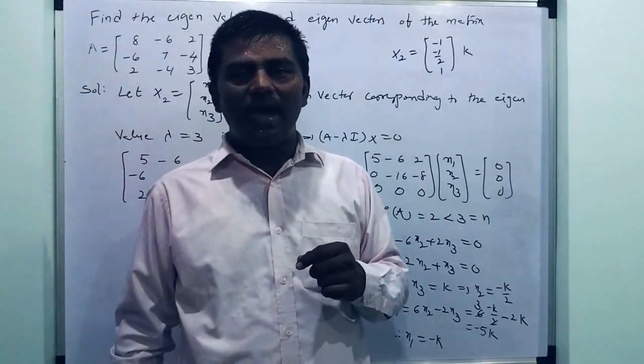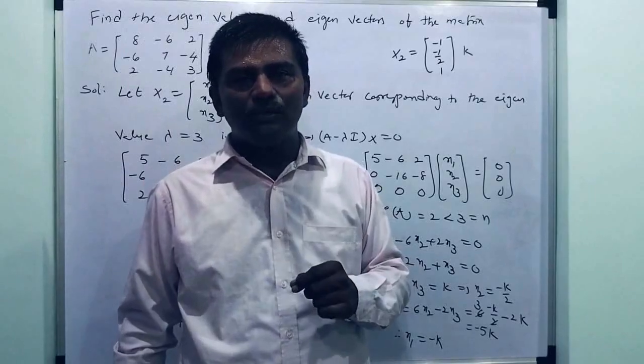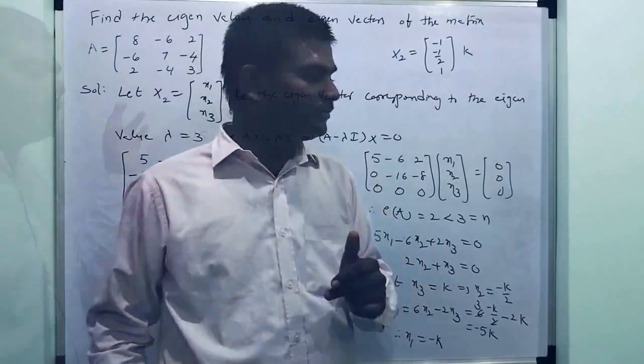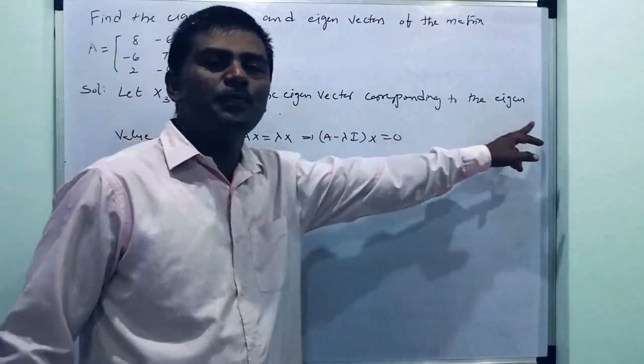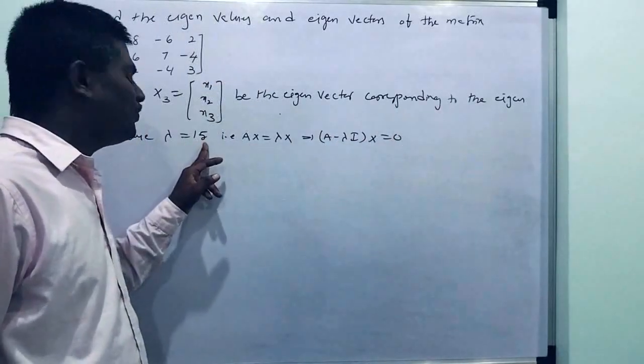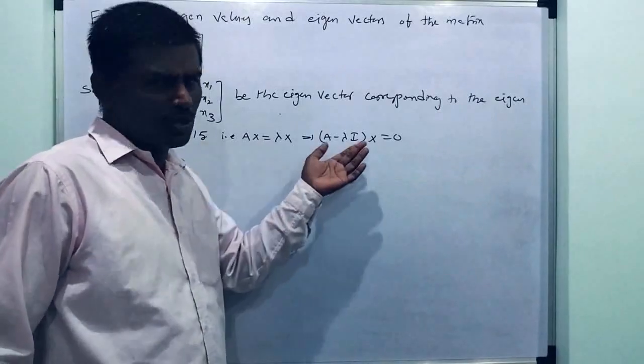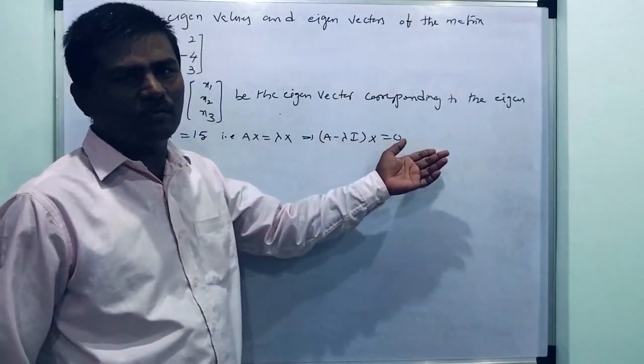Now let us find the eigenvector corresponding to the eigenvalue lambda is equal to 15. Let x1, x2, x3 be the eigenvector corresponding to the eigenvalue lambda is equal to 15. That is Ax is equal to lambda x, which is A minus lambda I into x equal to 0.